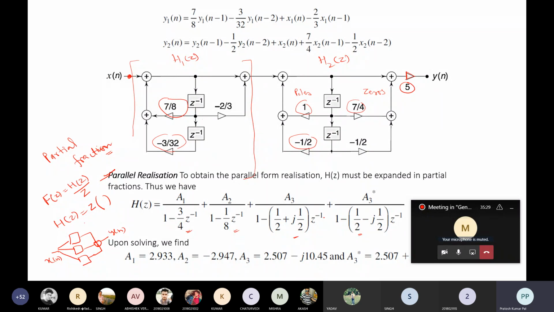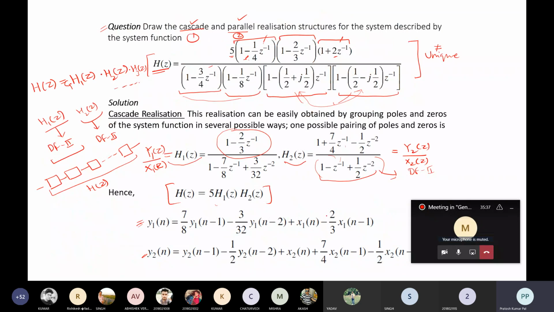We can directly write it in terms of individual terms, or we can combinedly write the second order term, 1 minus z inverse plus 1 by 2 z to the power minus 2, then the coefficient will be a constant plus constant into z to the power minus 1.